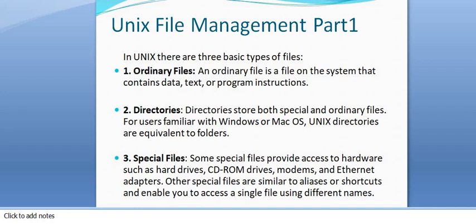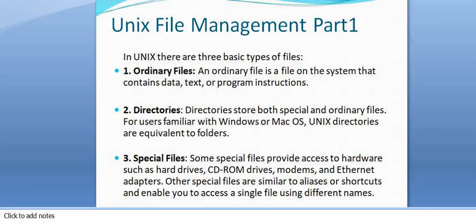Like we have folders on the Windows operating system, similar to that, we have directories on the Unix operating system. What do your folders contain on Windows? They contain the files and any special files that exist on the system. Similar to that, in Unix, directories contain files and special files.